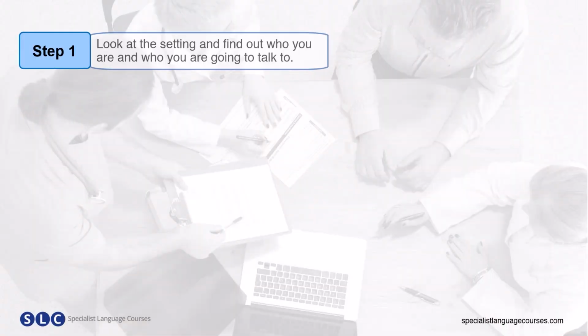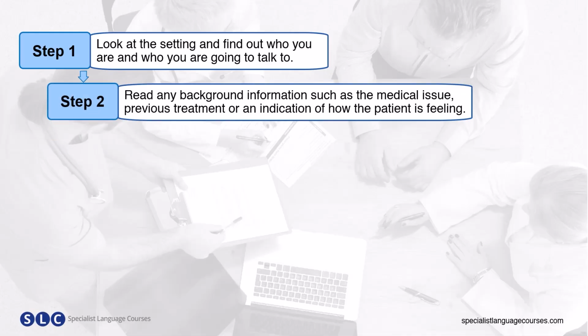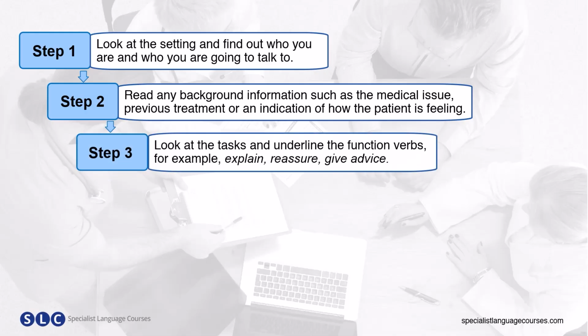Step 1. Look at the setting. Find out who you are and who you're going to talk to. Step 2. Read any background information, such as the main medical issue, previous treatment, or an indication of how the patient is feeling. Step 3. Look at the tasks and underline the function verbs, such as explain, reassure, give advice.